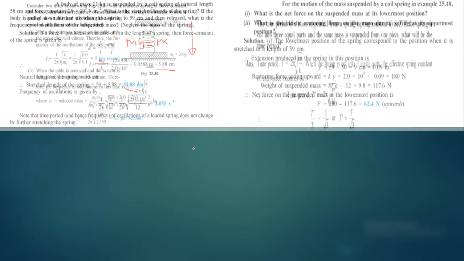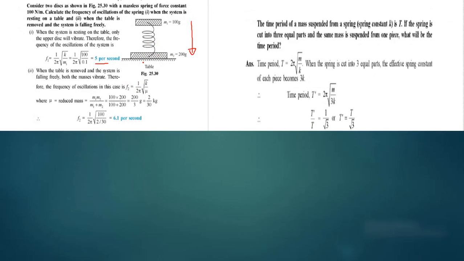So we have a system falling freely, and the new mass that is falling freely is given by that. Now calculate that, you get the resultant mass, you put it in the formula, you have the spring constant with you.